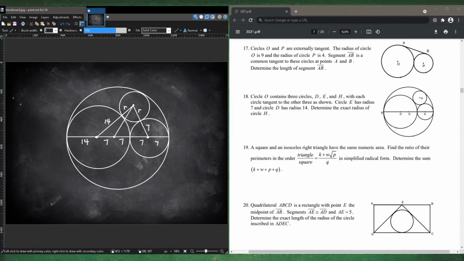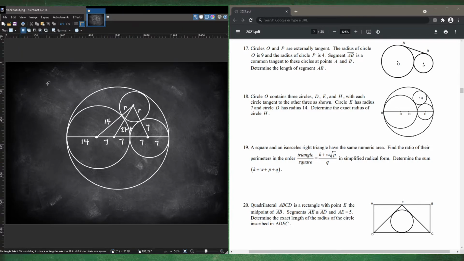So this length, I notice that if we extend it out, this line is exactly this big circle's radius, which is 21 as we said, but we don't want this line, we want this smaller section, but this is length r, so that means 21 minus r equals this length right here. So that is 21 minus r.